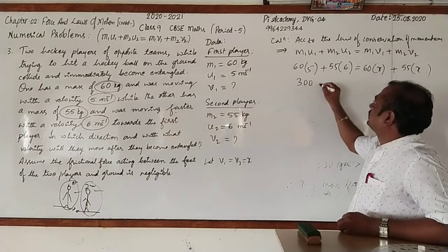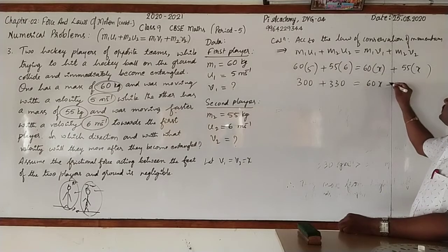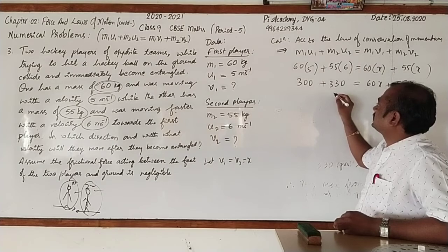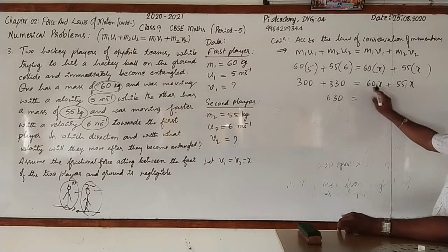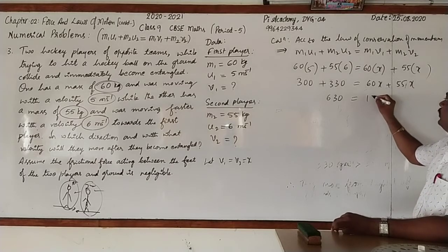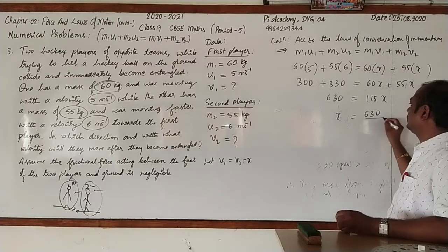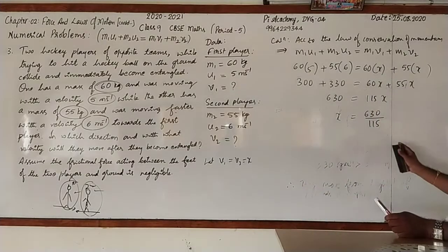6 fives are 30, this is 330. This is 60x plus 55x. 300 plus 330, it is 630, is equal to (60 plus 55)x, 115x. Then x is equal to 630 divided by 115. Just go for calculating this. Calculate.